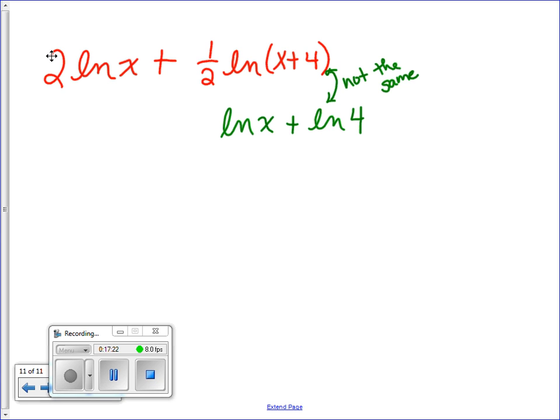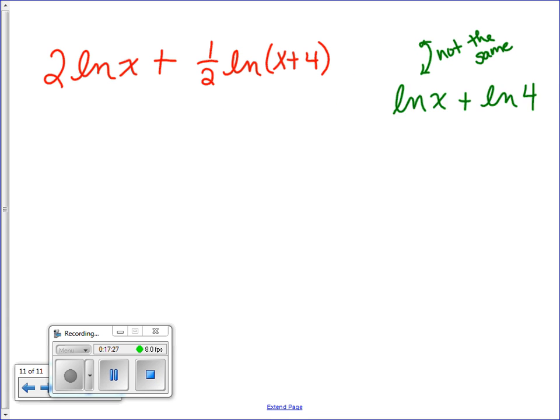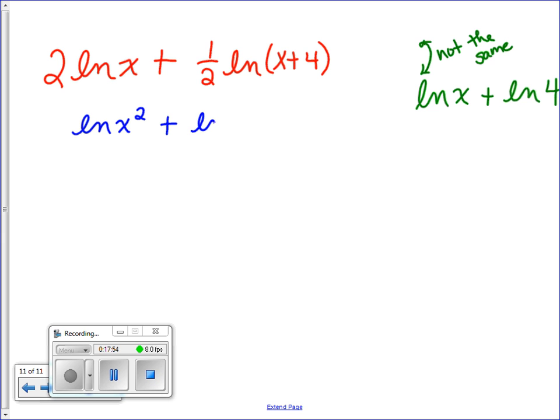Okay? Not the same. We need to get out of the way though. Okay, so we need to start putting this back together. Let's just go step by step. Like this 2. Where can I put this 2 that's in the front? I'm going to do it a step at a time.